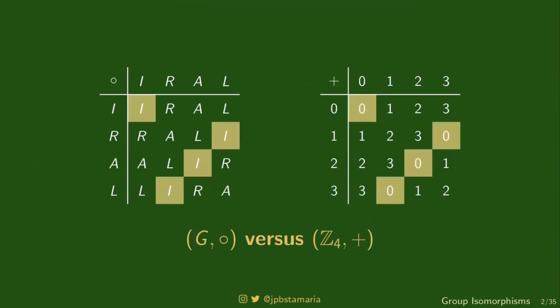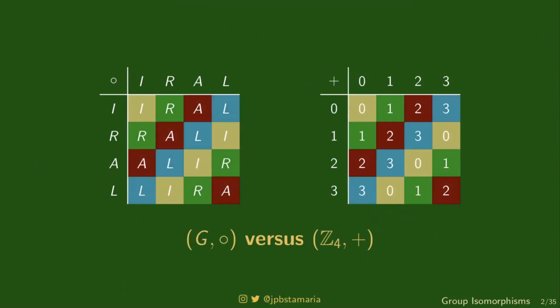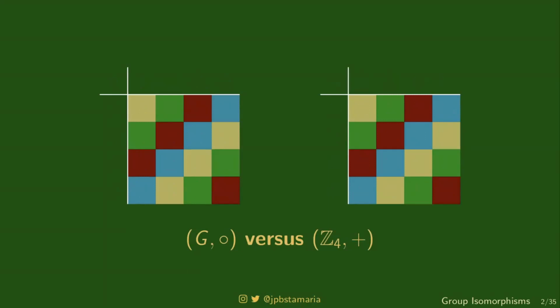And if I identify R as 1, and color them using the same color, and identify A and 2 together, and finally identifying L and 3 together, you can see the pattern in the table, no? And in fact, if you blindly consider the names of the elements, you just consider how these elements interact with one another as a group, you find that they are essentially the same group tables.